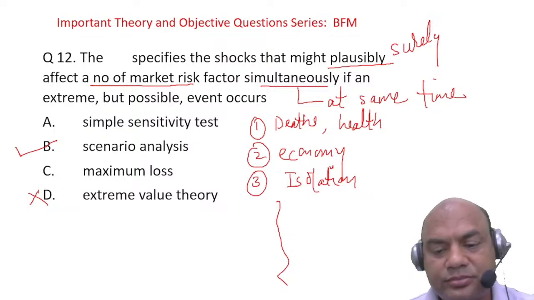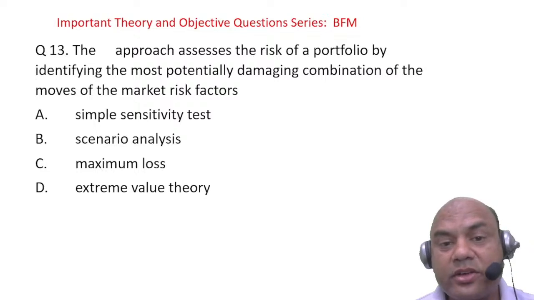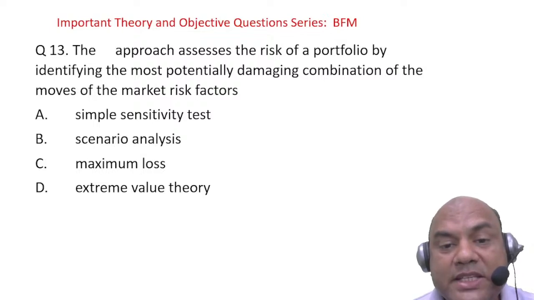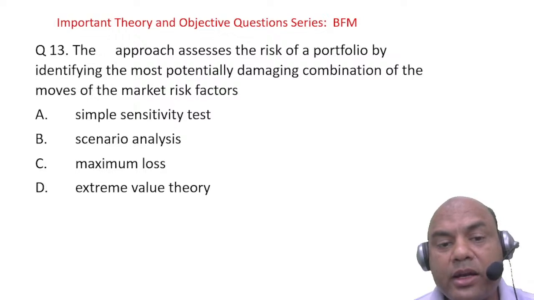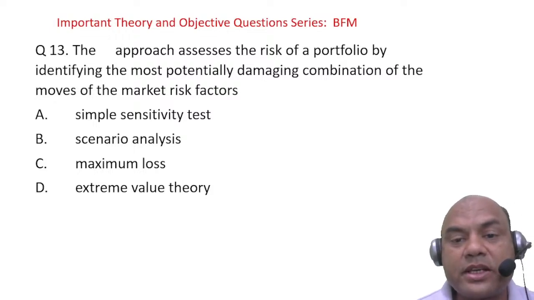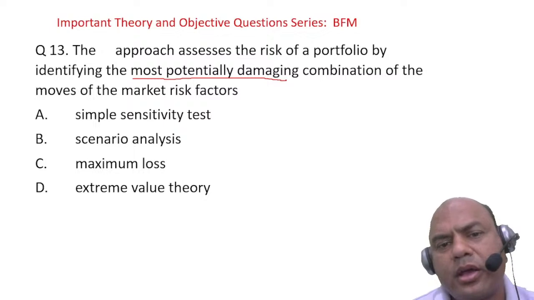Next one. The dash approach assesses the risk of the portfolio by identifying the most potentially damaging combination of moves of the market risk factors. Most potentially damaging means which can affect me the most, highest.